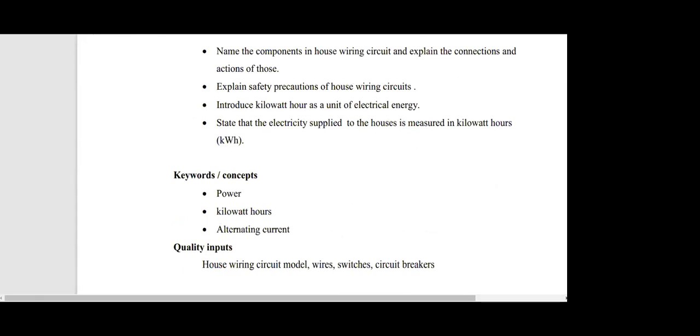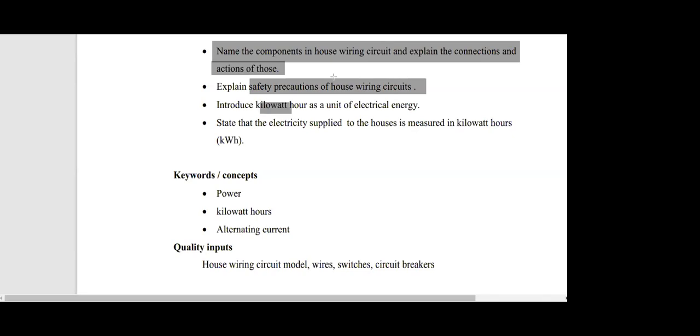So name the components in the house wiring circuit, explain the connections and actions of those, explain the safety precautions of house wiring circuit, kilowatt hours. All these kilowatt hours important, kilowatt hours as the unit of electrical energy. Electricity supplied to the house measured in kilowatt hours, kWh, k simple, W capital, h simple.